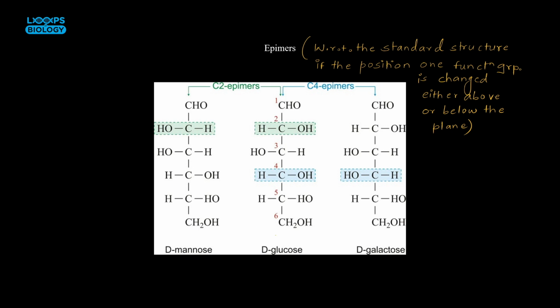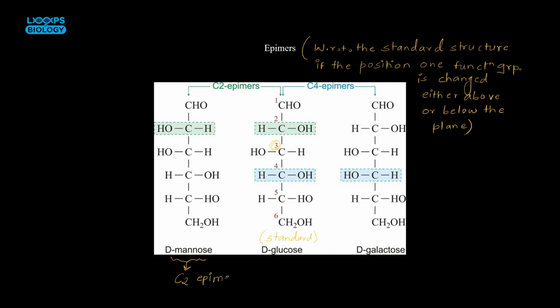If I'm taking glucose as my standard structure, so this is kept standard. Then I am well versed that on the third carbon, the OH position always has to be on the left side. So the new structures are also going to have the same criteria. In this case, mannose is basically showing a C2 epimer.